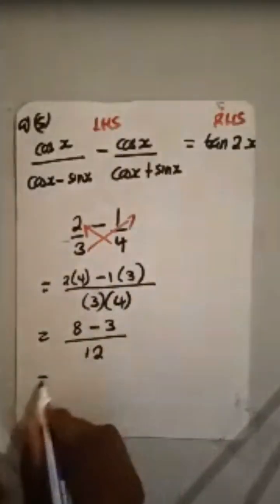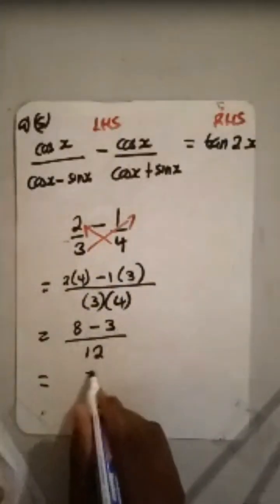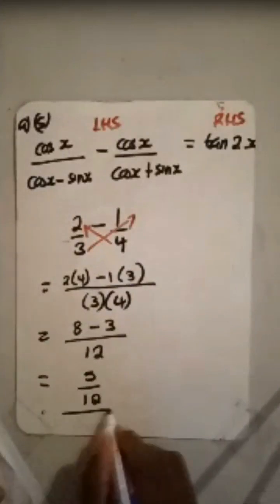So the final answer, 8 minus 3, is 5 over 12.